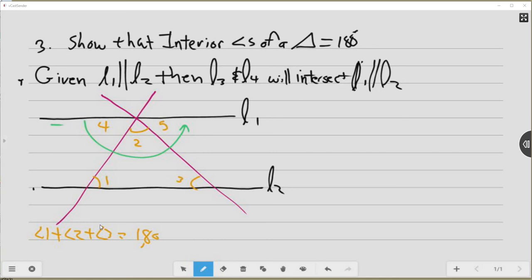See how easy it is? So I'm going to say angle 4, angle 2, plus angle 5 equals 180. And why? Because definition of straight angle.